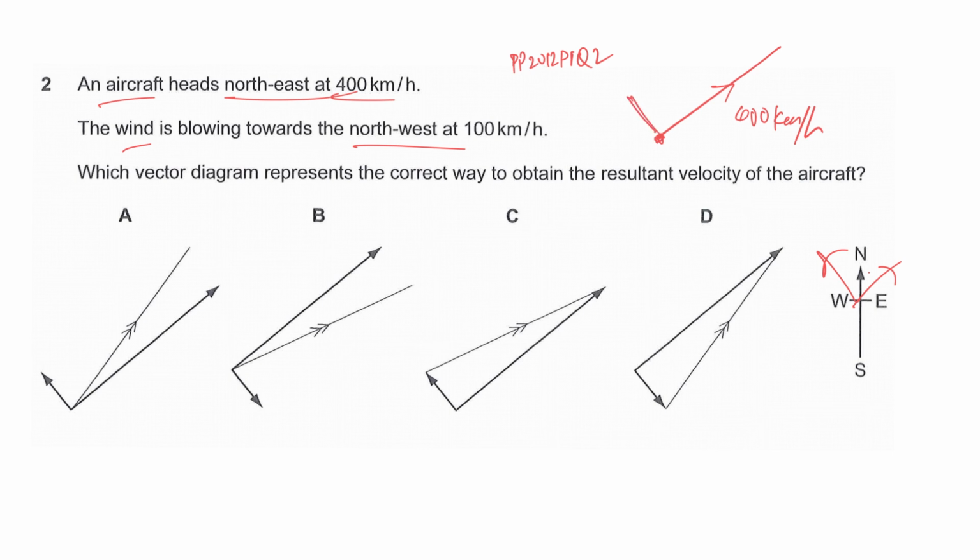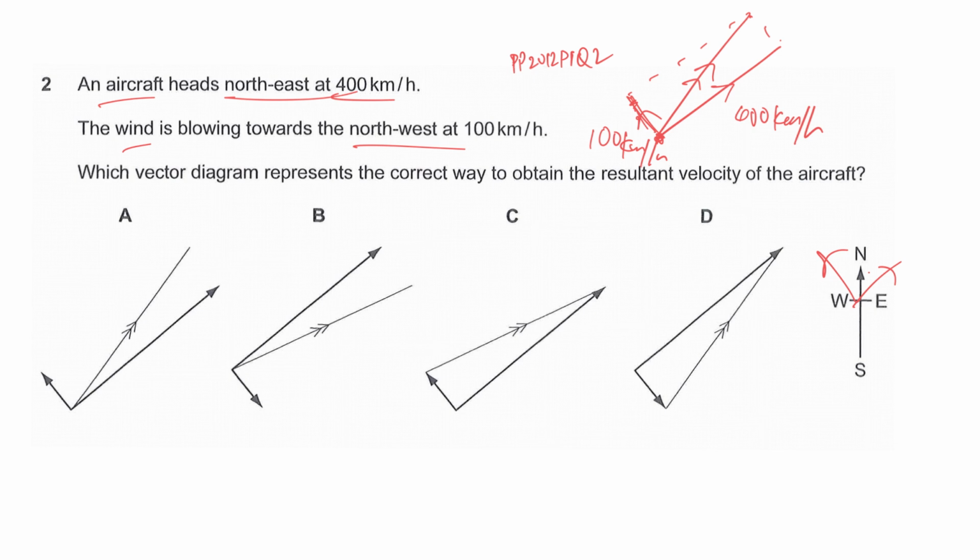This is not to scale, but you roughly have to take note of the length. So 400 versus 100, so this will be about a quarter of the length. So that will be your wind direction, 100 km per hour. If we were to complete the parallelogram, that will be the resultant velocity that's acting on the aircraft.